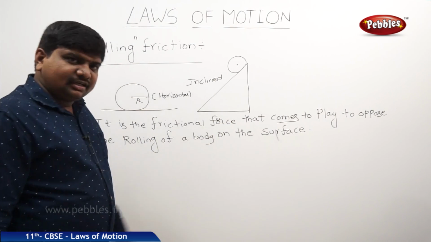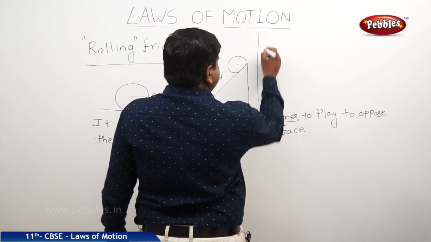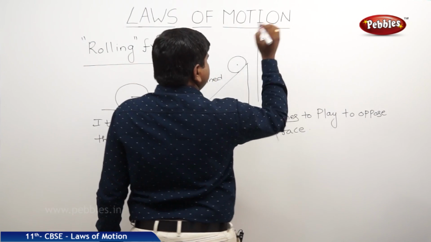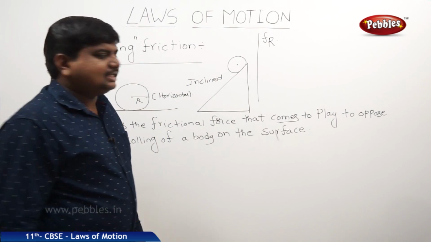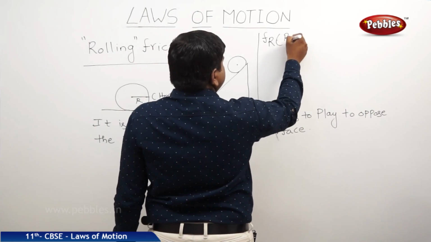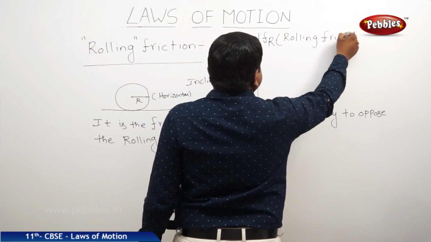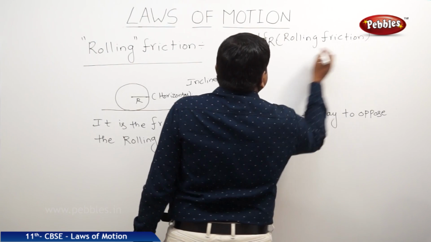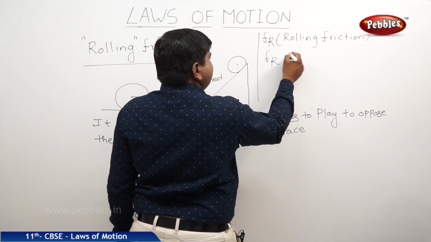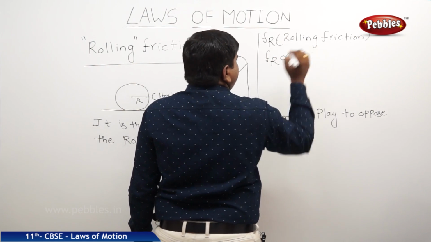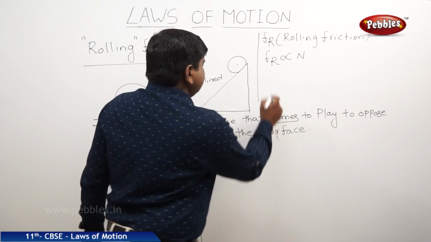This rolling friction is called Fr. Fr is rolling friction. Again, this Fr is directly proportional to the normal reaction force.